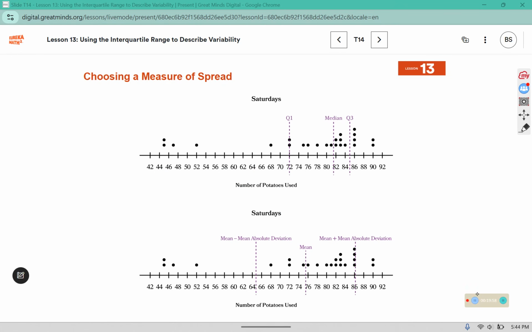Recall that in a skewed data set, like we have here, the median is a better descriptor of typical than the mean. In a symmetric one, you may choose a different version of center to describe what is typical.